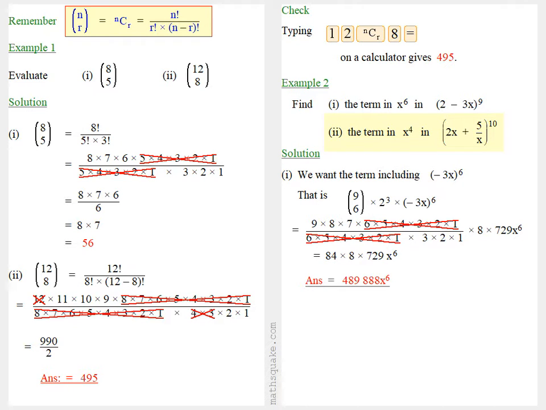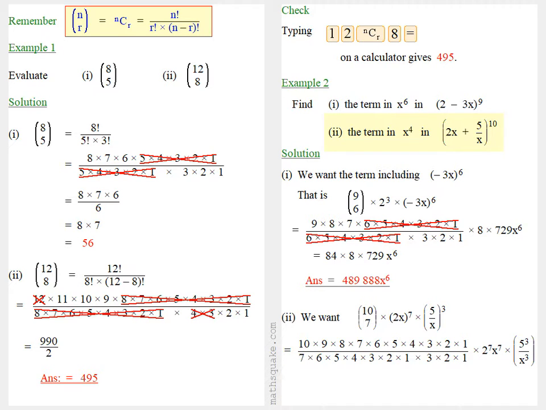Now in part 2, we're asked to find the term in x^4 in (2x + 5/x)^10. Well, to get x^4, we want the 2x raised to the power 7 and the 5/x raised to the power 3. So that is 10C7 times (2x)^7 times (5/x)^3, which gives us 10 times 9 times 8 and so on down to 1 over 7 times 6 times 5 down to 1 times 3 times 2 times 1.